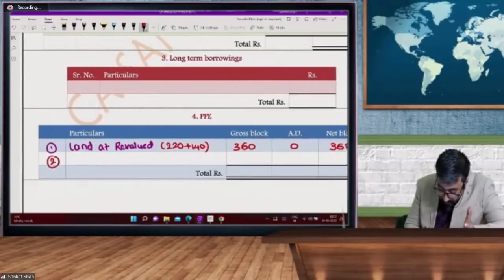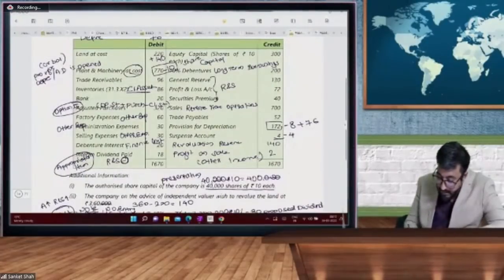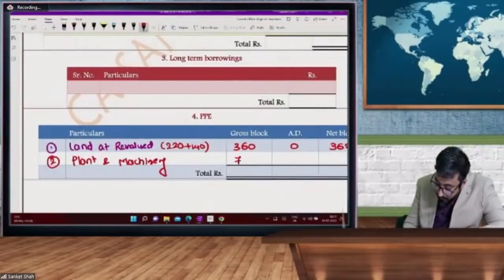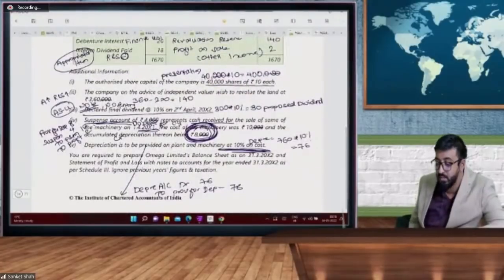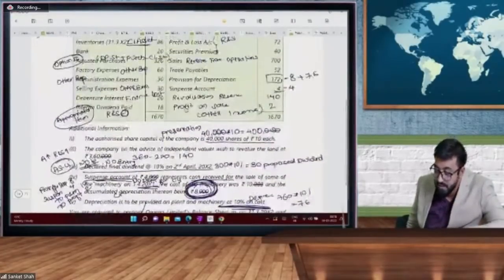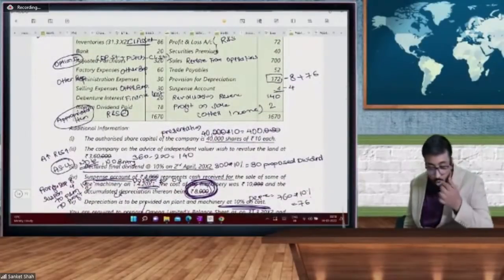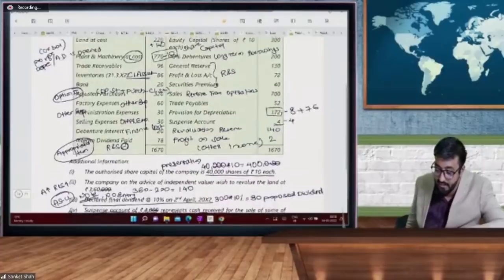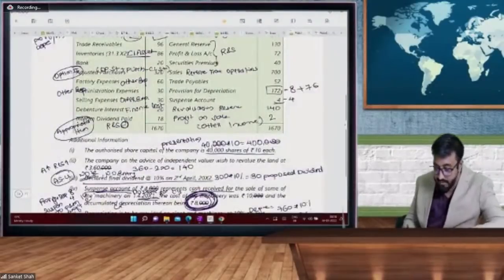And second one, plant and machinery. 770 minus 10. But depreciation is not on WDV. One student asked me, sir, why not on 10%? 760 minus accumulated depreciation. Reason is very simple, depreciation is on cost, and cost is 760. And what is accumulated depreciation? Take on calculator.